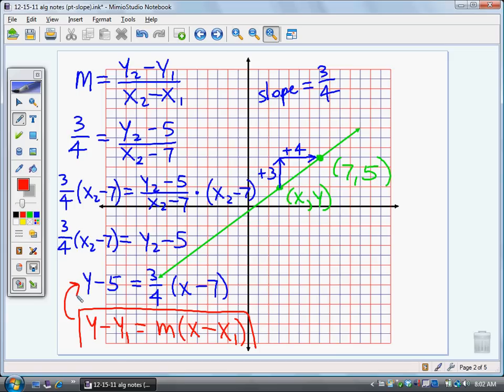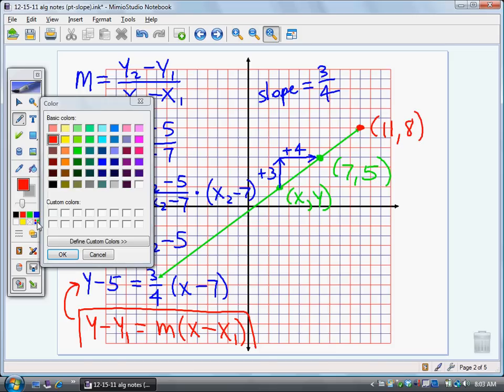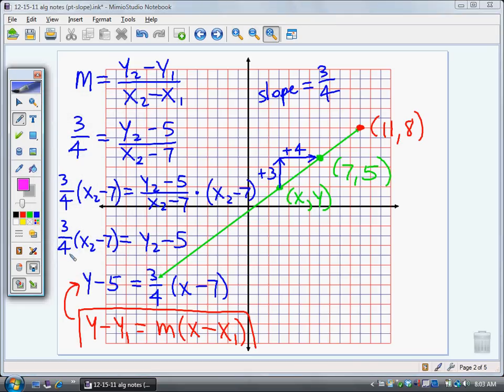Now on this line, I can use my slope to get a couple of other points. I could go up 3 and right 4 and get this point, which would be (11, 8). And I could also go the other direction, down 3 and left 4, and I would get here, which is (-1, -1).